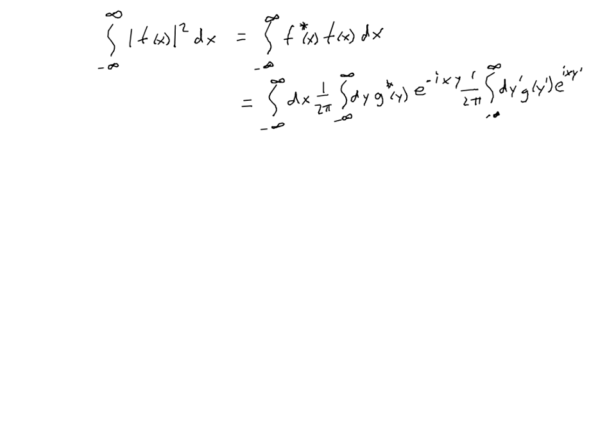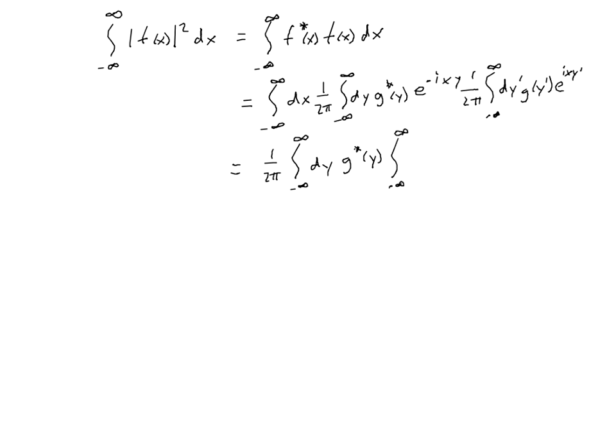And you notice this is not the complex conjugate, so there's no minus on the exponential. Well, you can do the same game here, where you take the terms and you mix them around. So I'm going to take a 1 over 2 pi out front. And then my integral with respect to y, g complex conjugate of y.